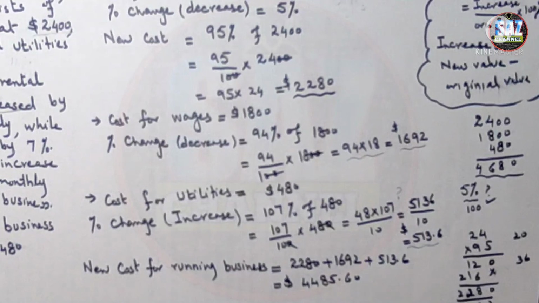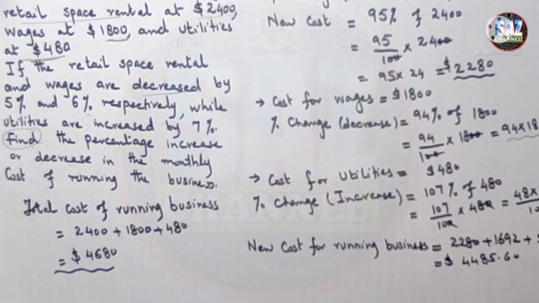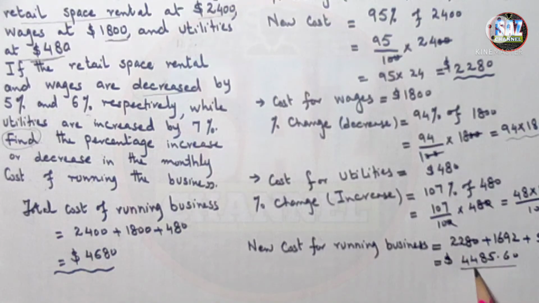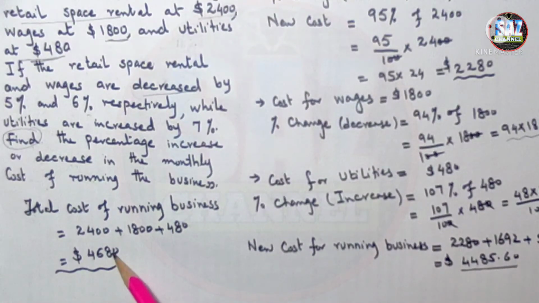$4485.60. Okay, now the question is, what is the actual requirement of the question? Find the percentage increase or decrease in the monthly cost. If we look at the new total cost, that is $4,485.60, and the original was $4,680.